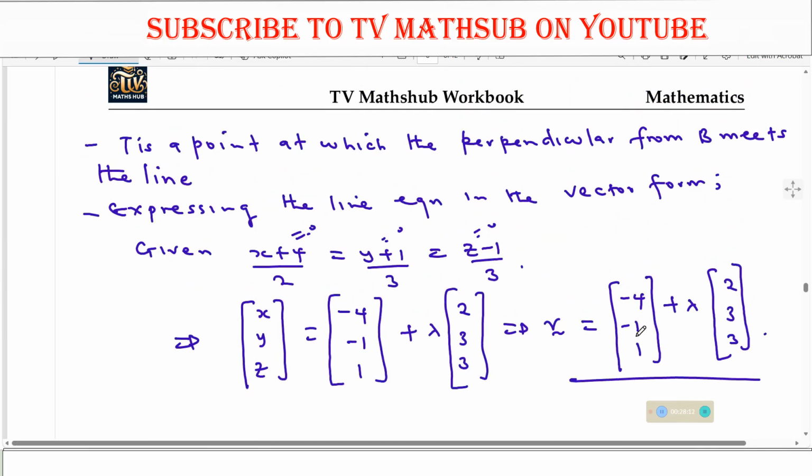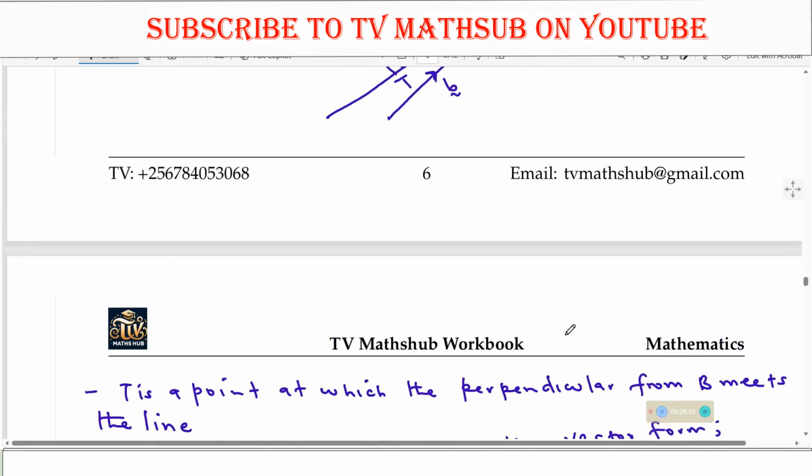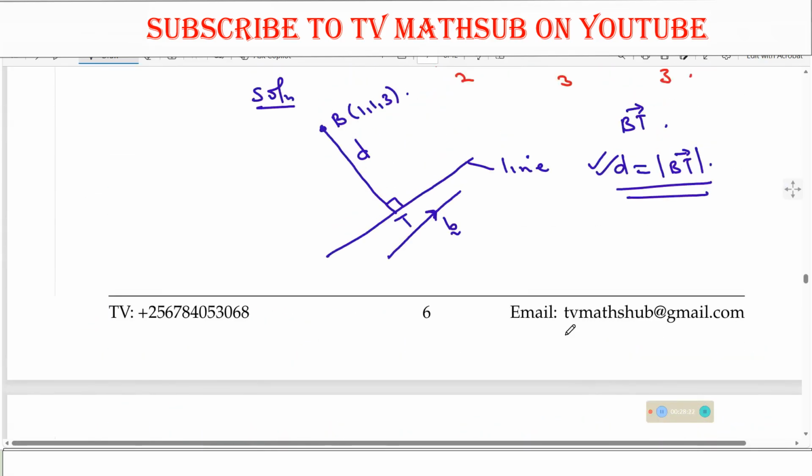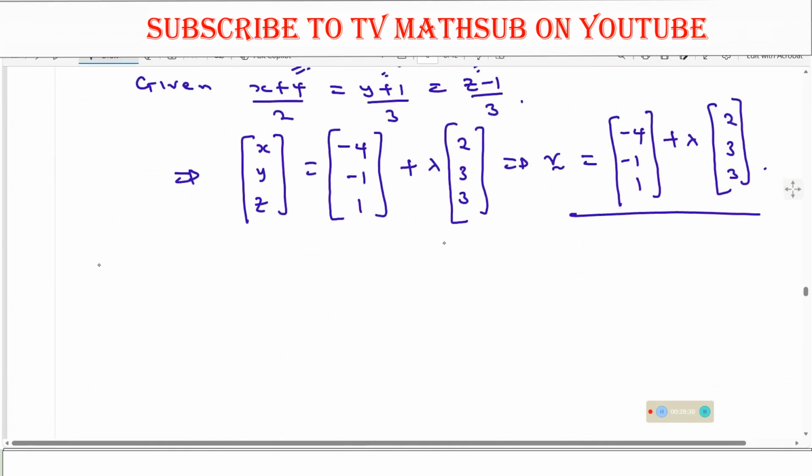Now if this is the vector equation of the line, let us see what will be a vector that is representing T. Remember, T is a point on the line. So if T is a point on the line, the position vector of T will be satisfying this equation of the line, isn't it?